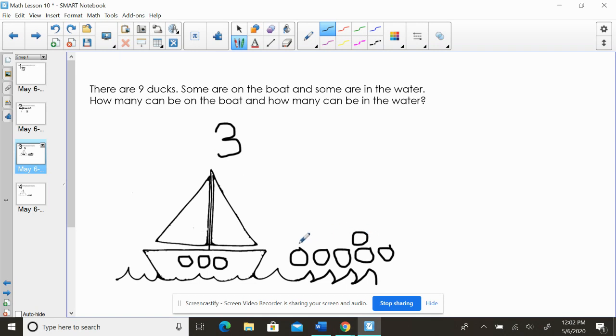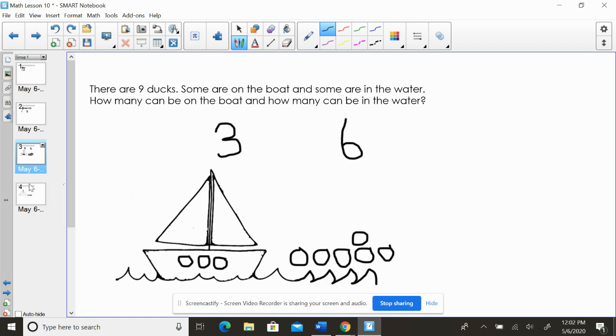How many ducks do you see in the water? Good. There are 6 ducks in the water. So we know that one way we can show this is by putting the number 3 and the number 6 to make the number 9. Awesome job, boys and girls.